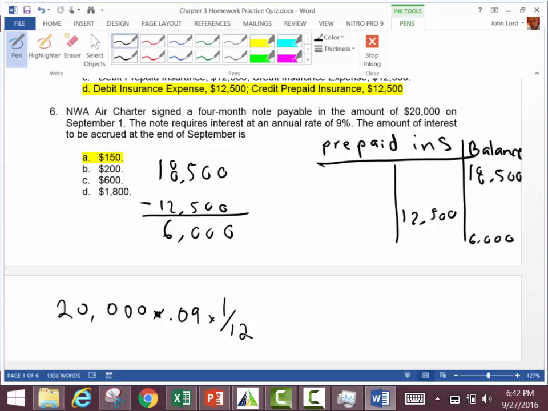Hit equals, and then here you can just divide by 12, right? That would be 150. Okay. Beautiful. Since you did so great, what would happen if I asked you to make the same calculation at December 31st?